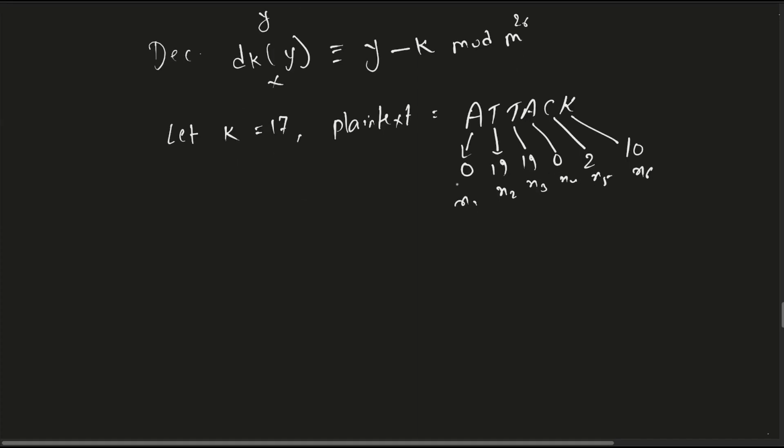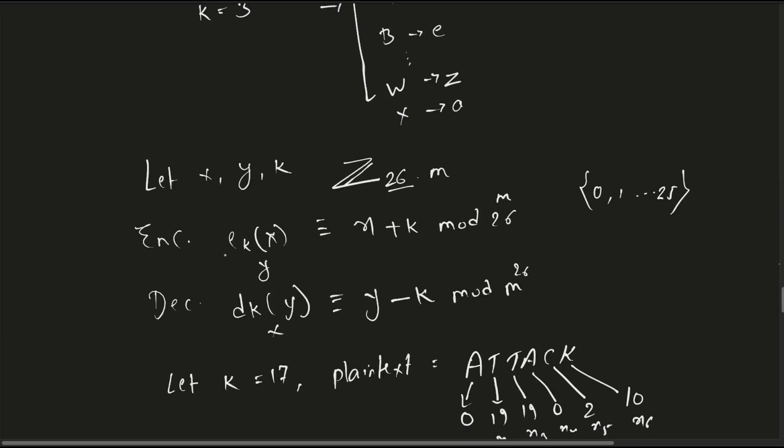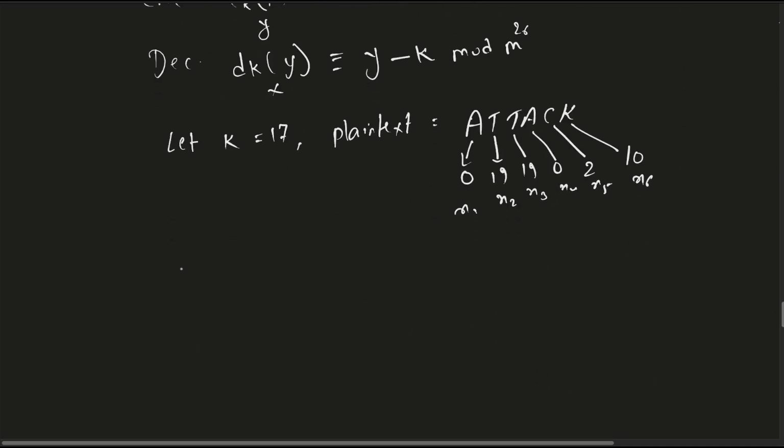Now let's perform encryption. The formula for encryption is right here: the encryption of X is X plus K mod M. So the encryption of the first one, X1, is X1 plus the key mod M. This is equivalent to the 0 right here.